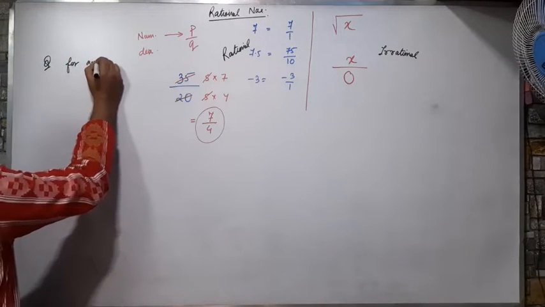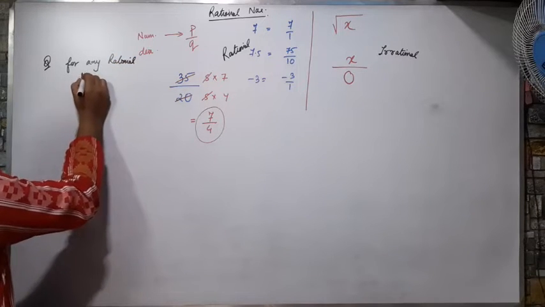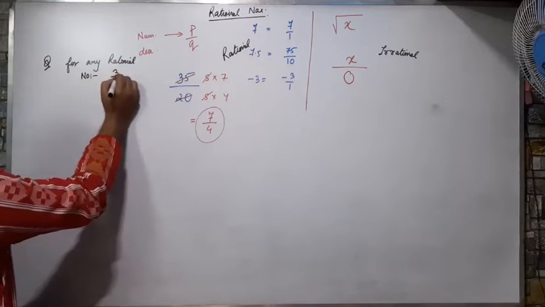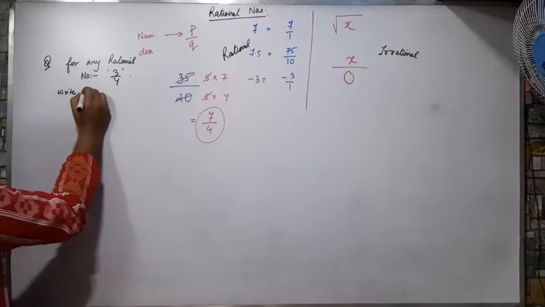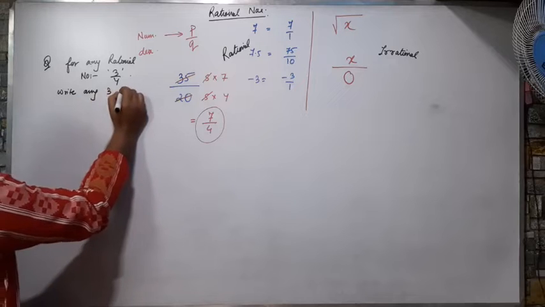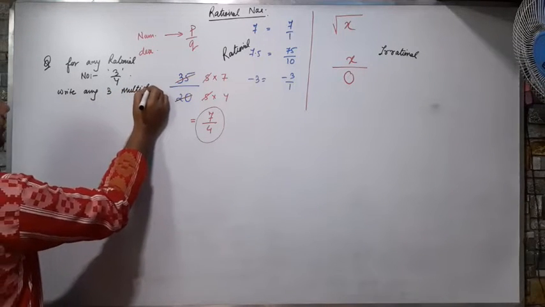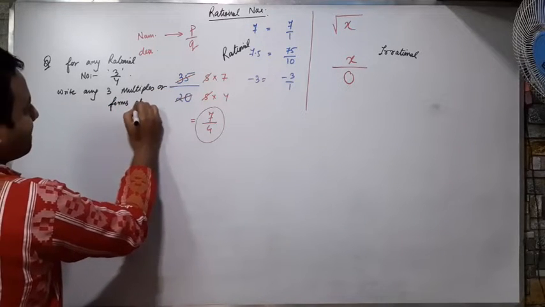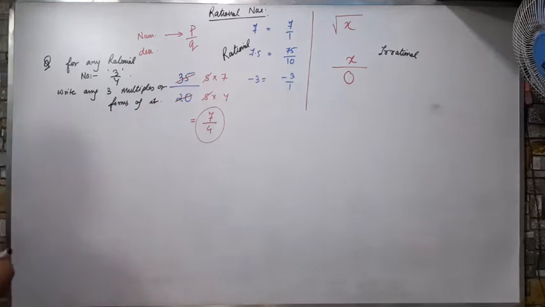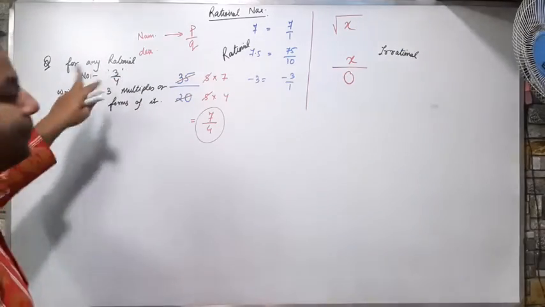for any rational number, suppose 3 by 4, write any 3 multiples or forms of it. So 3 by 4 is the rational number in the simplest form.